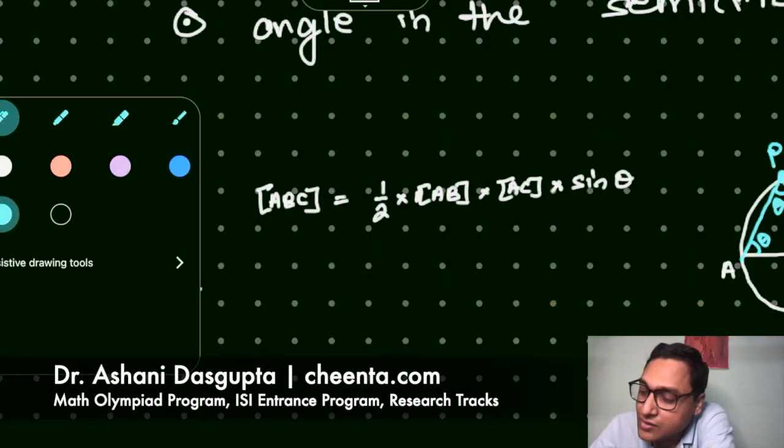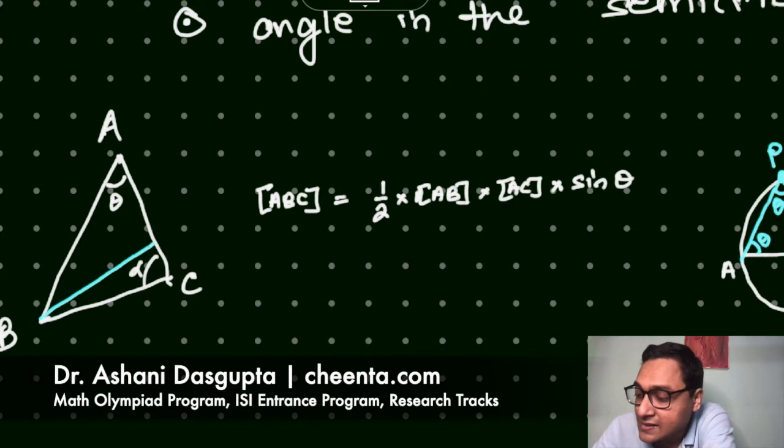You can actually drop a perpendicular like this, 90 degrees.